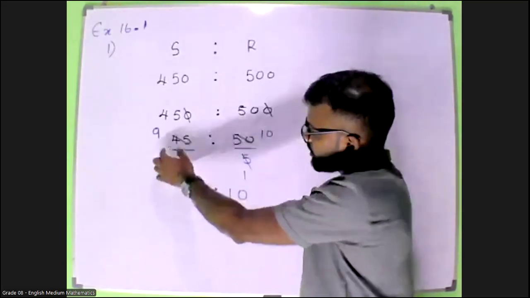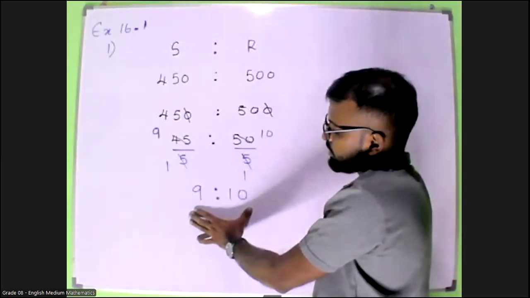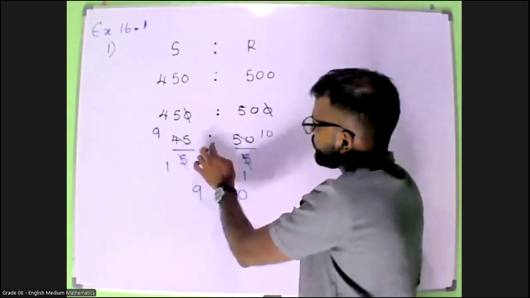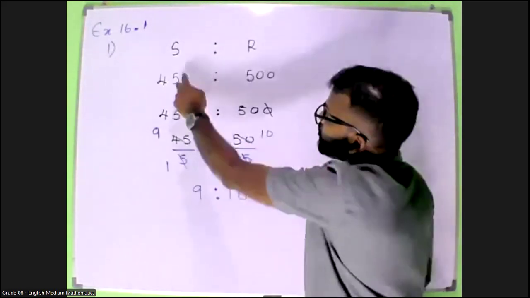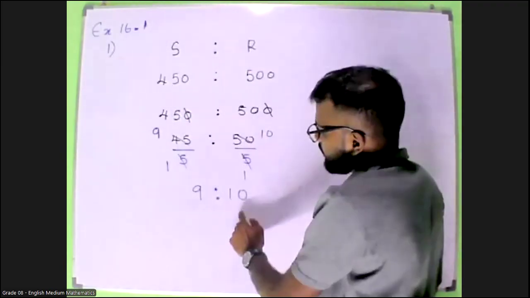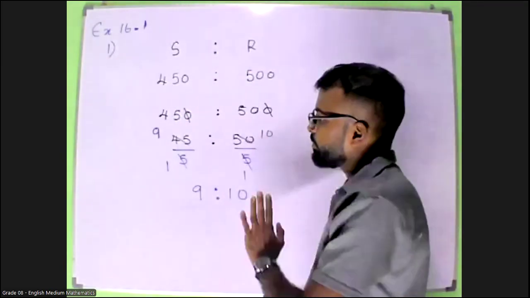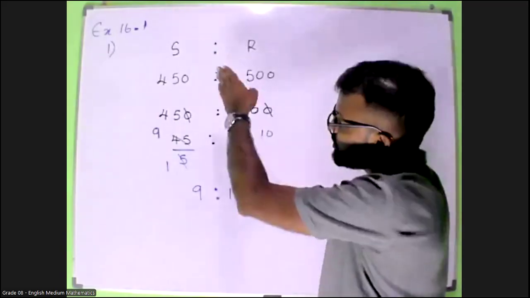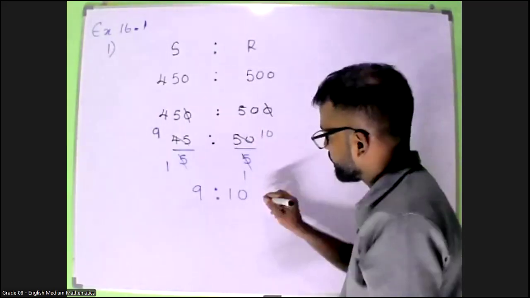Then you can write the simplest version, 9 to 10. Suresh 9, Rahim 10. So that is what I am explaining. This is the answer for the first part.